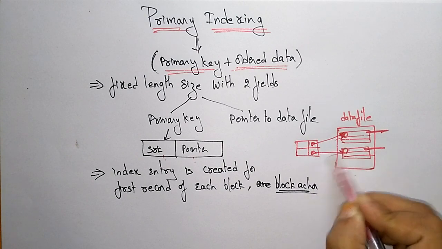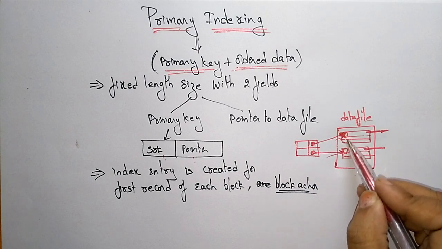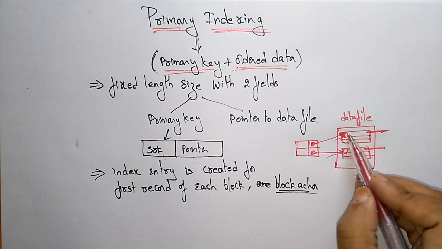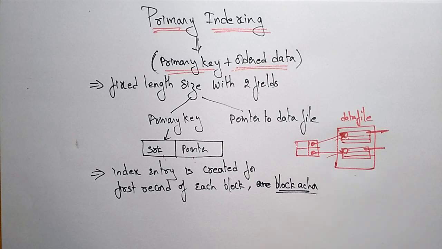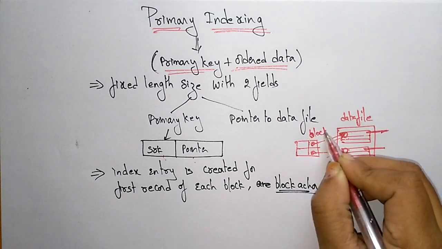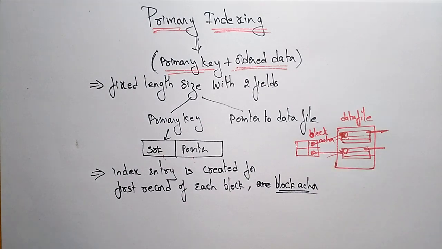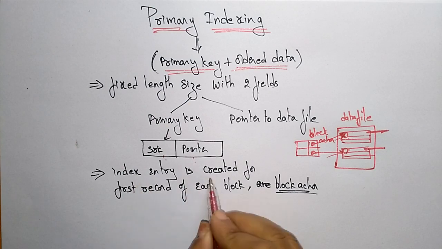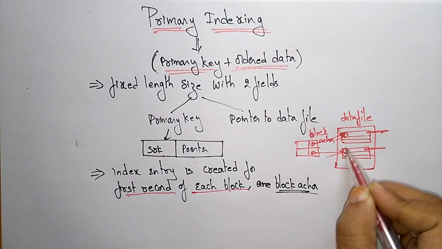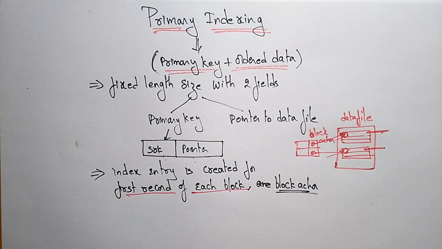We are not creating entries for all the records, only for the starting record of each block. This you call a block anchor. So the block anchor is nothing but an index entry created for the first record of each block.